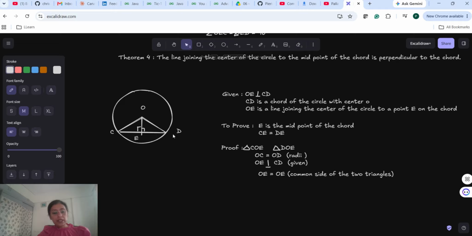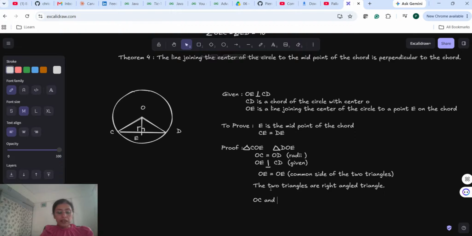Similarly, DOE is a right angle triangle with the right angle at E. So these two triangles are right angled triangles, and what do we see?